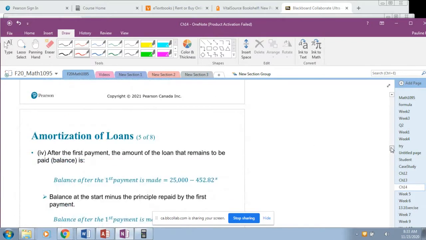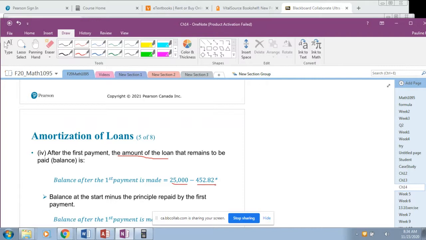And the next question, after the first payment, what is the amount of loan that remains to be paid? After the first payment, the amount of loan that remains is the original loan minus the principal portion of the first payment.